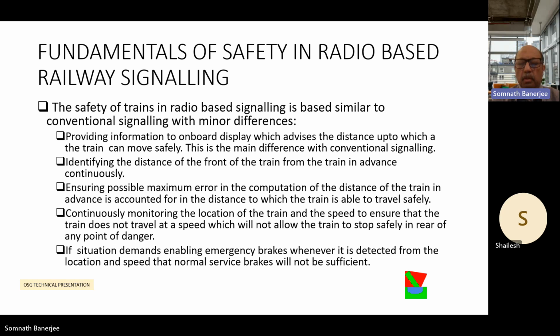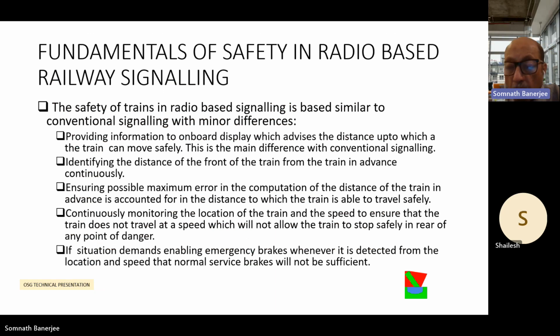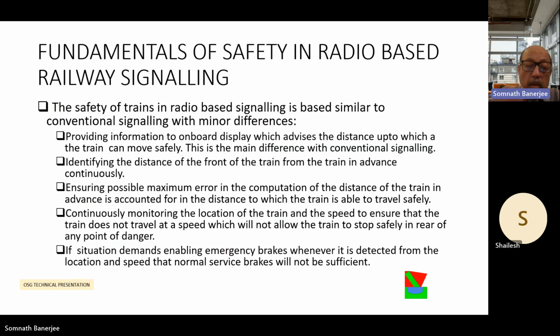It does not make a lot of difference to the way the control system exercises the controls, but we should remember that the track section in a radio control signal does not necessarily need to be of a fixed type. It can move along with the train, and that is the advantage of radio-based signaling. And where that method is used, it is called moving block signaling rather than fixed block signaling.